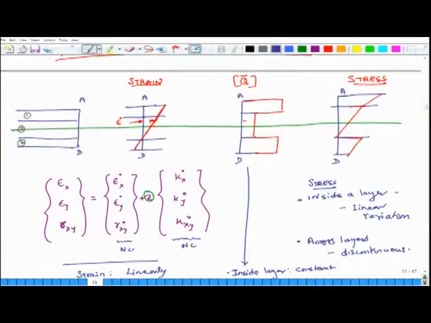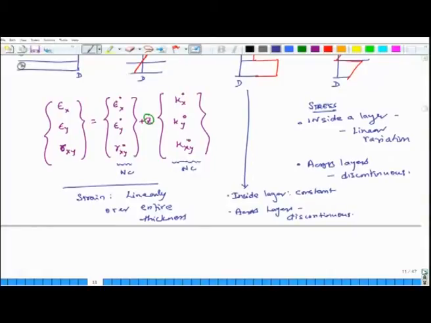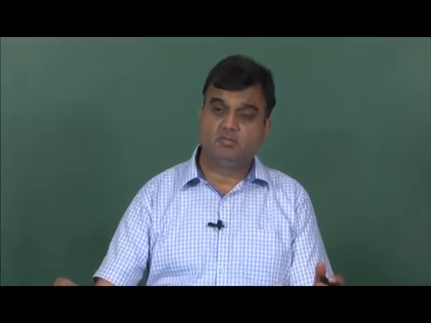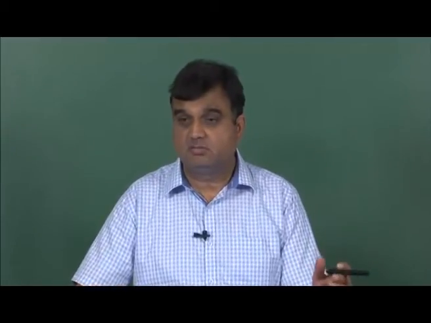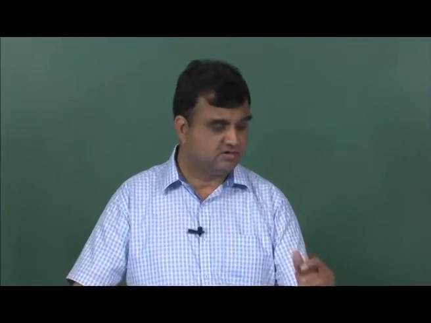Okay. So, these are the three important observations. Strain varies linearly along the entire thickness of the composite. The Q bar matrix and elastic properties are constant within a layer, but across layers they jump and they are discontinuous, and stress is discontinuous across layers, but within a layer it varies linearly.